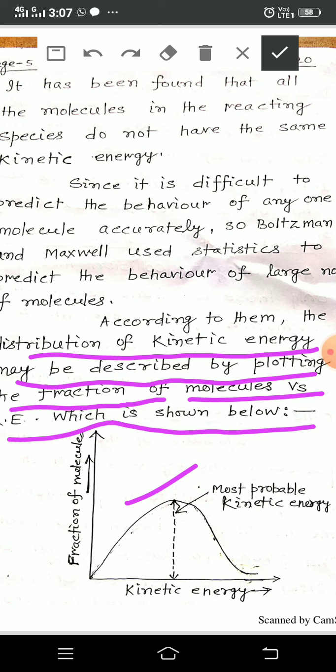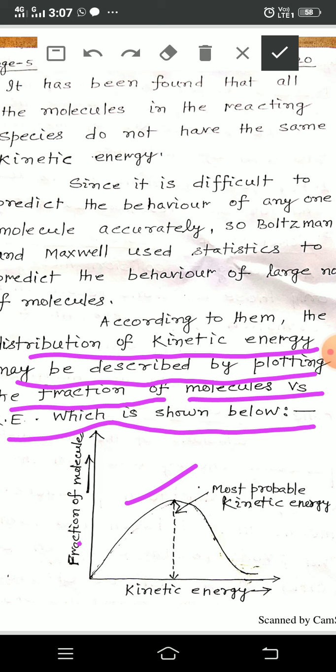Such a fraction of molecules have the kinetic energy eligible to give products.